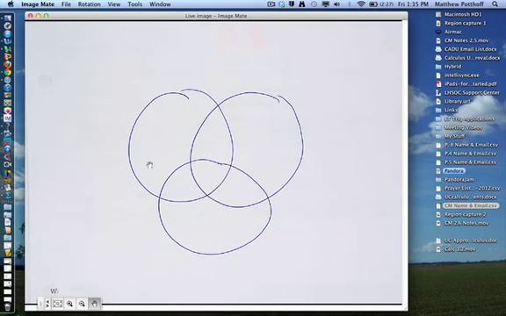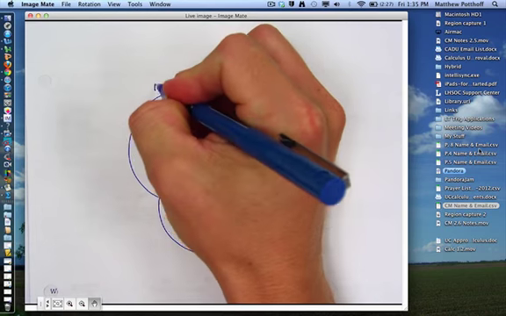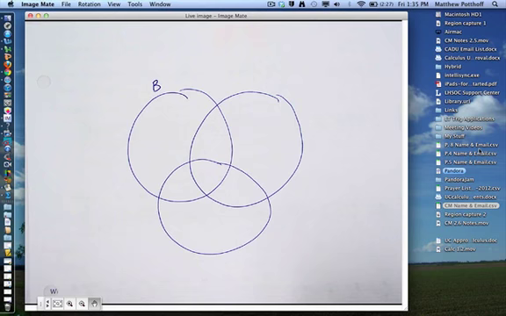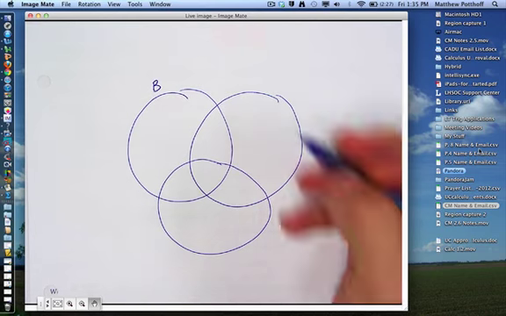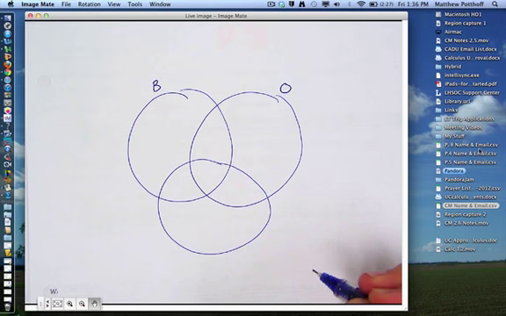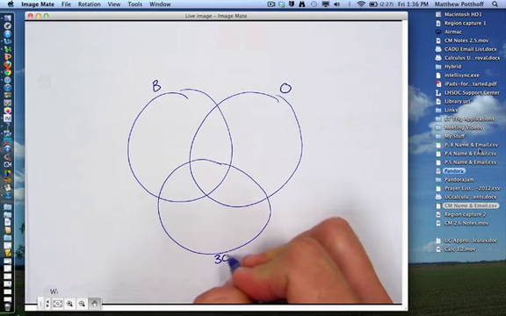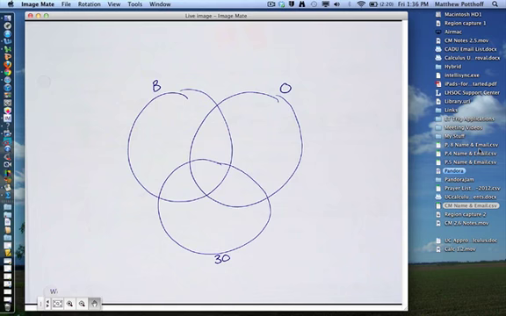And then you're going to go ahead and label them based on your questions. You can use abbreviations, that's fine, or you can just write it out. So I had Big Bang Theory, The Office, and 30 Rock. Those are going to be my 3 sets right there.